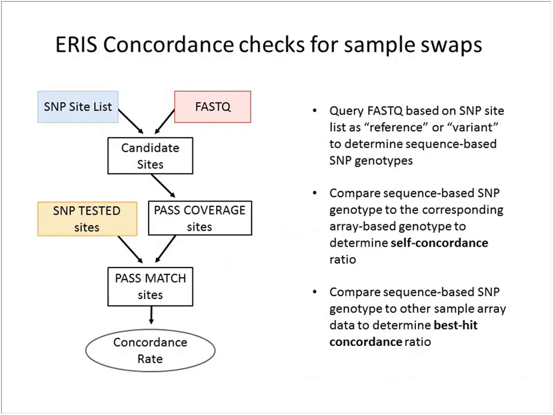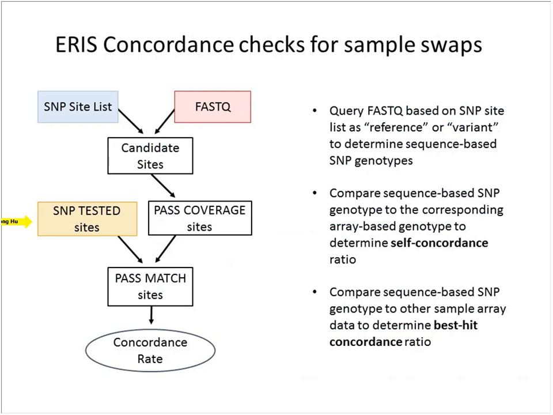So ERIS queries the sequencing FASTQ file based on the SNP site list to generate the sequence-based SNP genotypes. There's some coverage requirement as well. Then this data is compared to the array-based genotype to determine the self-concordance ratio.